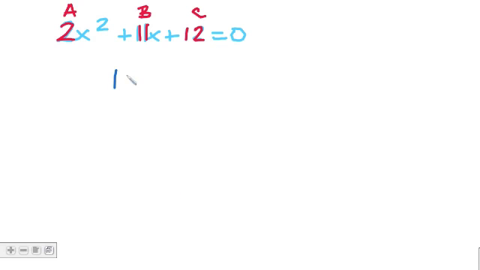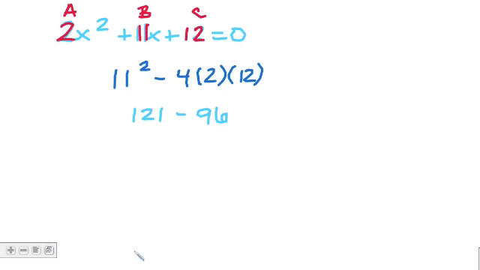We get b squared, which is 11 squared, minus 4 times a, which is 2, times c, which is 12. Simplify that down. You get 121 minus 96, which gives you a positive 25. Since it is positive, that tells you there are 2 real solutions, at least, for this problem.